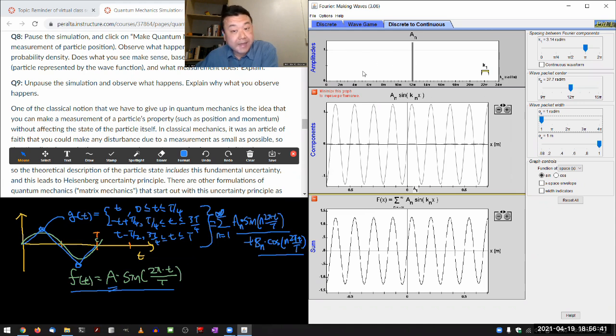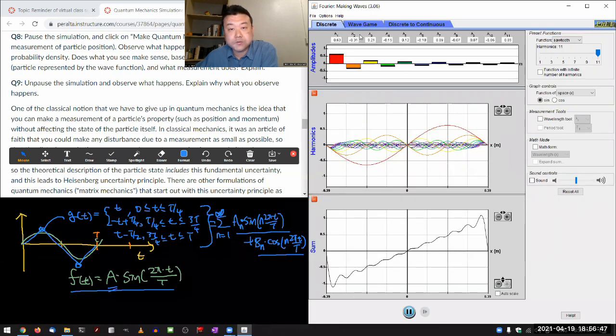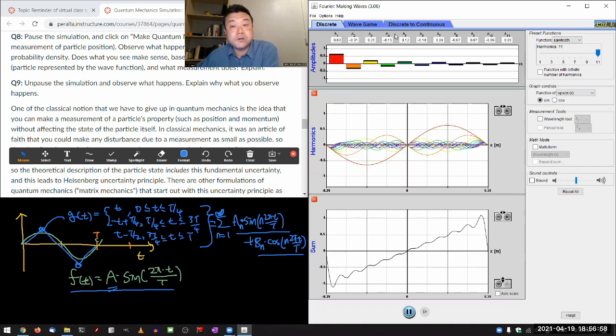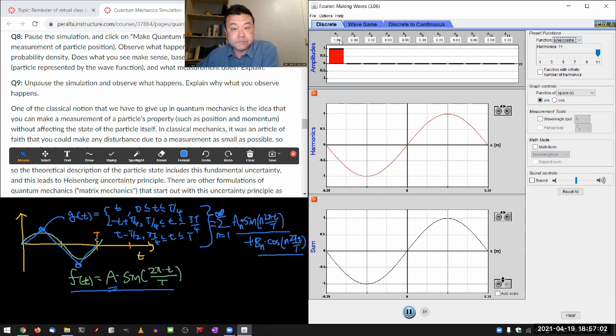It's graphing not the x position, but these coefficients. If you go back to here and think about these coefficients, what this top graph is graphing are the values of these A_n coefficients. So when you have a pure sinusoidal wave, you have just a single coefficient here.